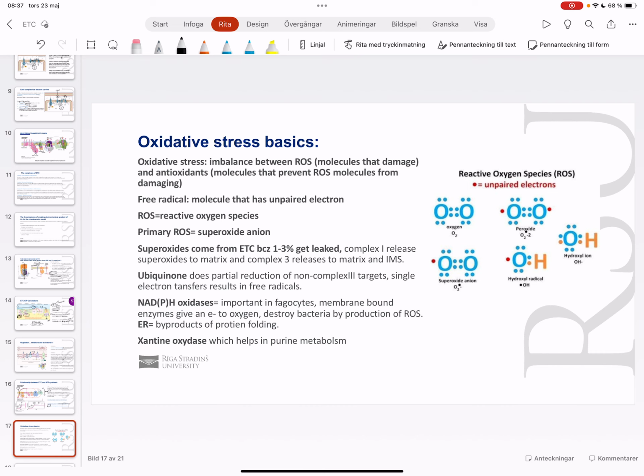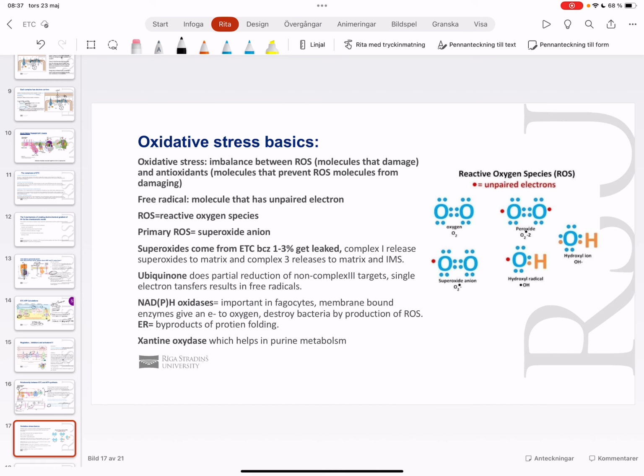Let's talk oxidative stress. So let's just talk some basics. Oxidative stress is when you have an imbalance between reactive oxygen species, which are molecules that damage DNA, proteins, and membranes, and antioxidants, which are molecules that prevent ROS from causing damage.